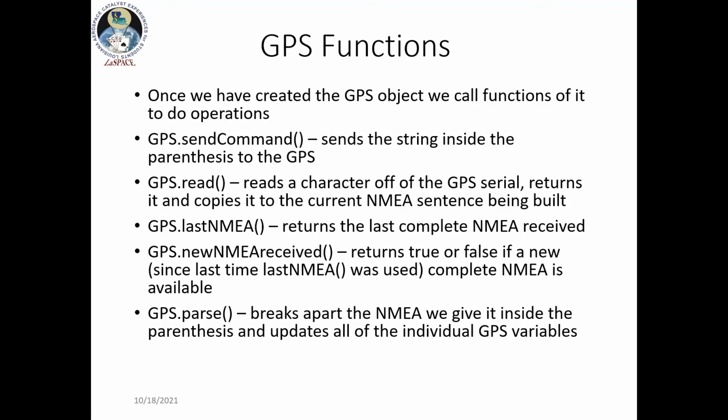It will return it, but most of the time we don't need to worry about that returned character, because the other thing it does is copy that character into a running NMEA sentence that it's building up. Just by calling that read function, it's going to append that character to an internal variable where the library is building up the NMEA sentence.